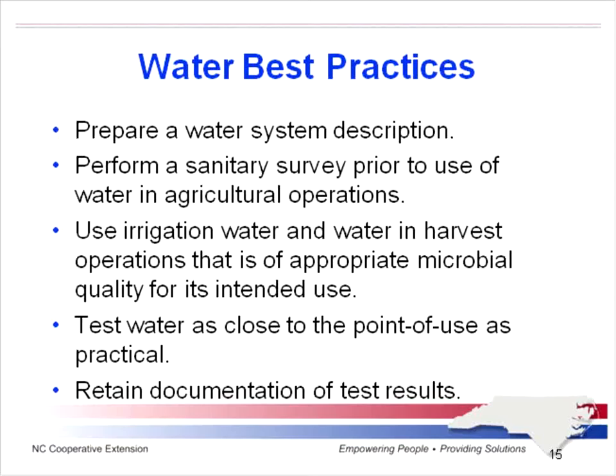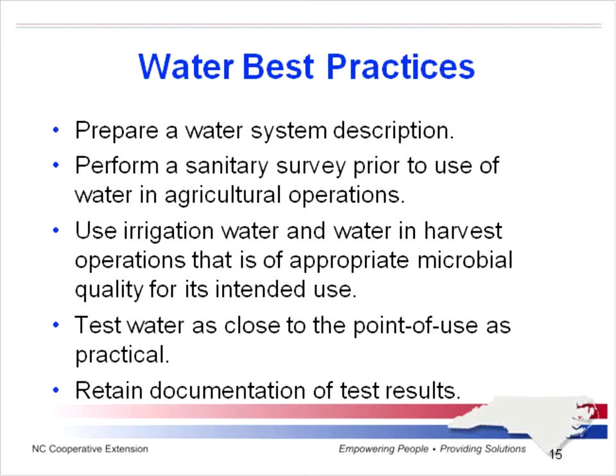Use irrigation water and water in harvest operations that is of appropriate microbial quality for its intended use. And there we're talking about two separate operations for water use on the farm. The first is irrigation water in the field, and the second is post-harvest operations, washing, etc., that happen in the packing house. So we'll talk about those two areas separately.